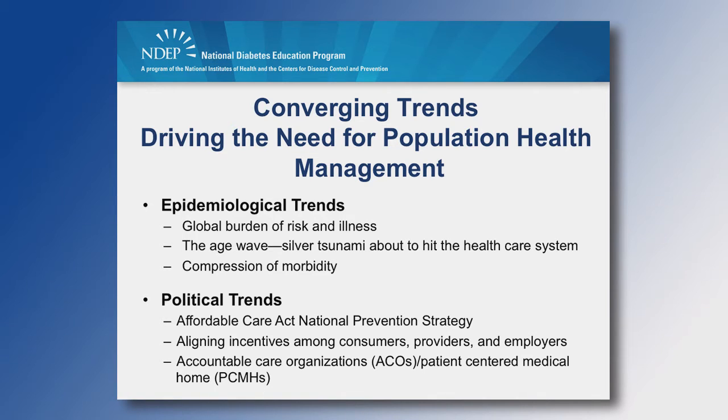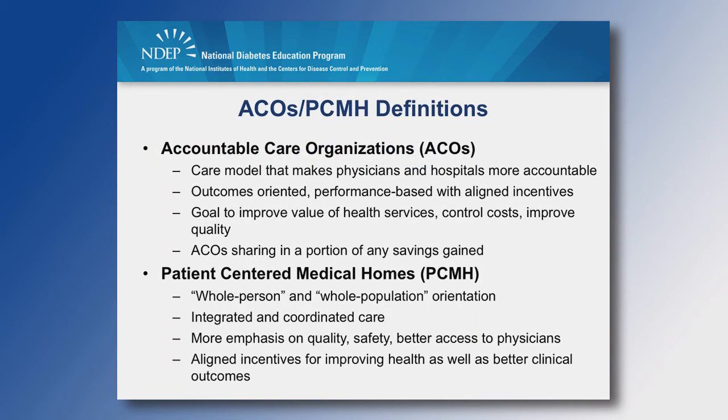The political trends. We've seen the Affordable Care Act and the National Prevention Strategy and a focus on aligning incentives among consumers, providers and employers around improving population health management and higher quality and lower cost, with some of the initiatives of the accountable care organizations, the ACOs, and the patient-centered medical home, the PCMHs.